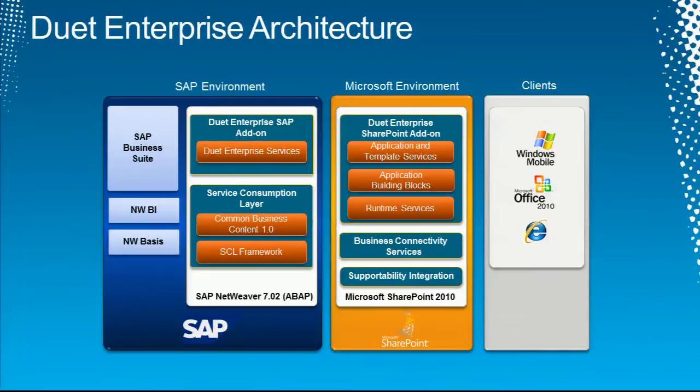And it's built on business connectivity services. Okay? And then over on the Duet, on the SAP side, we have the Duet Enterprise add-on, and it sits on top of essentially the service consumption layer for SAP. So that's the path used to expose up the web services on the SAP side.